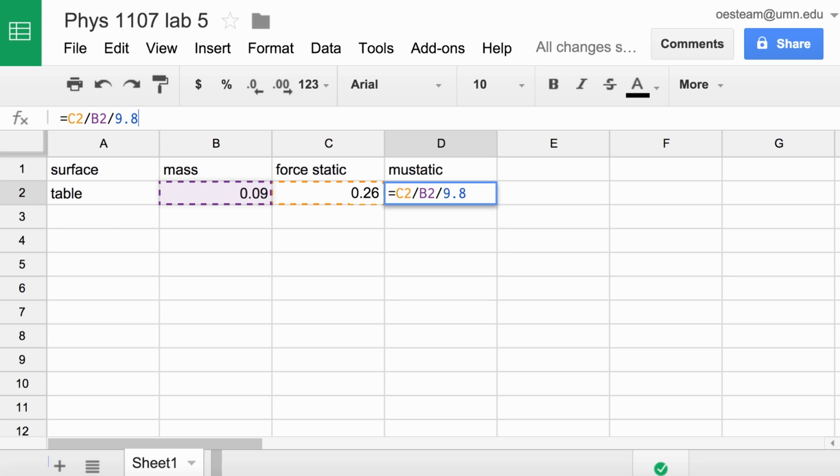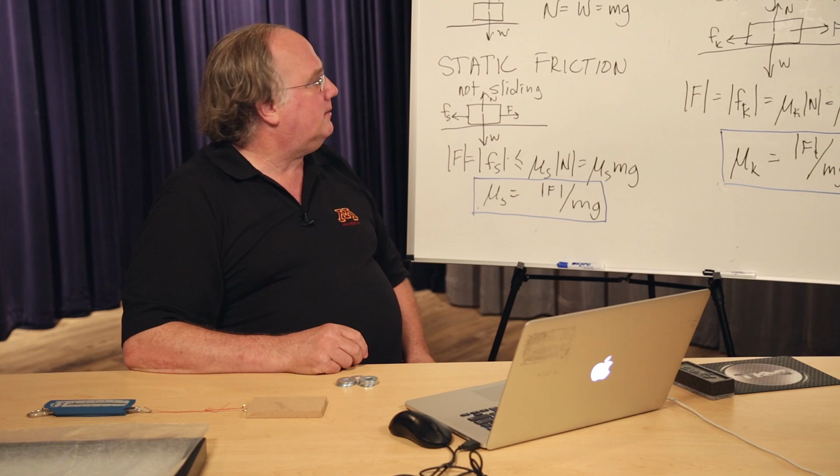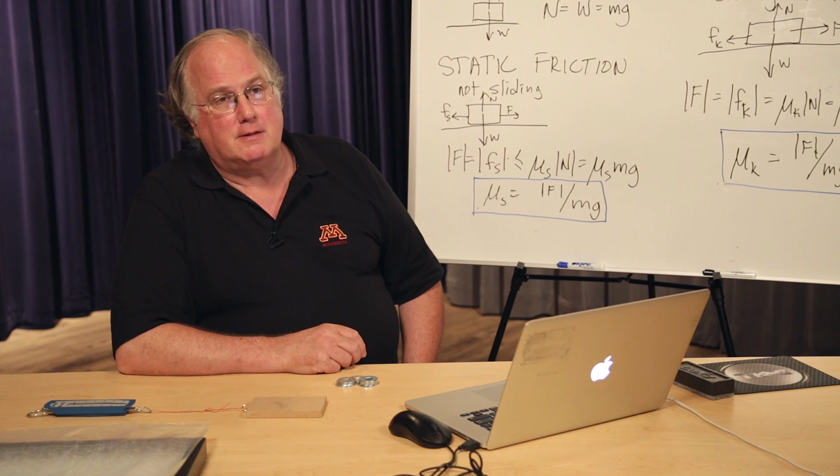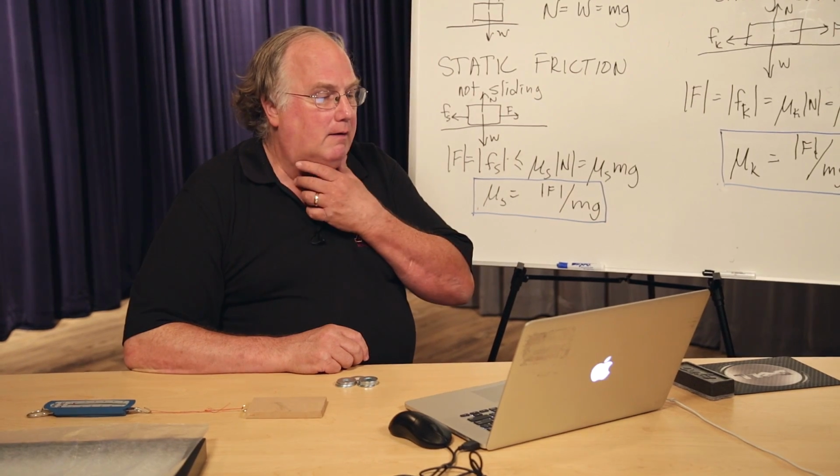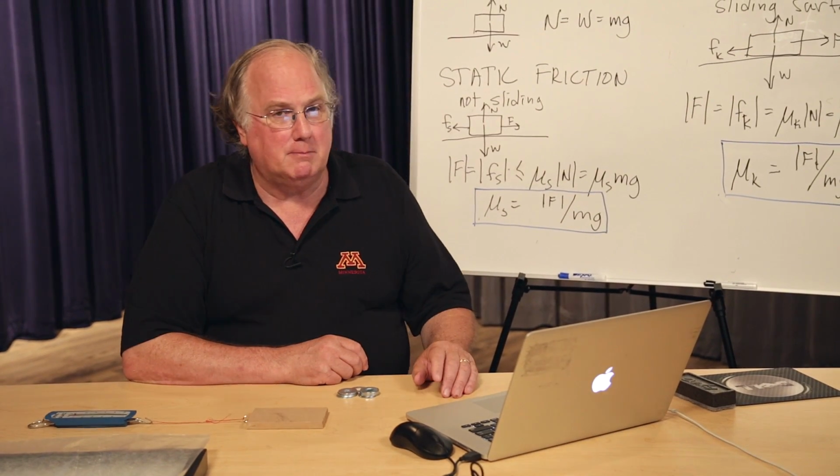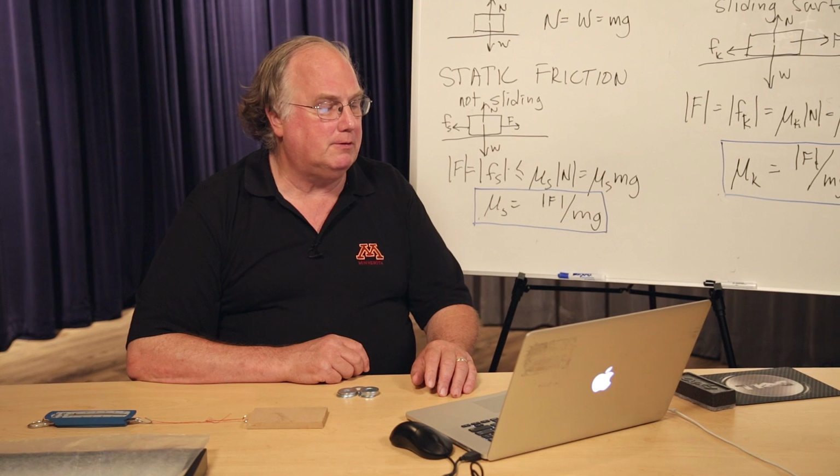Because I converted everything to kilograms, I should be able to get that. So I get mu static of 0.29, which is actually pretty low as these things go. But that's a perfectly reasonable number. These are fairly smooth things.